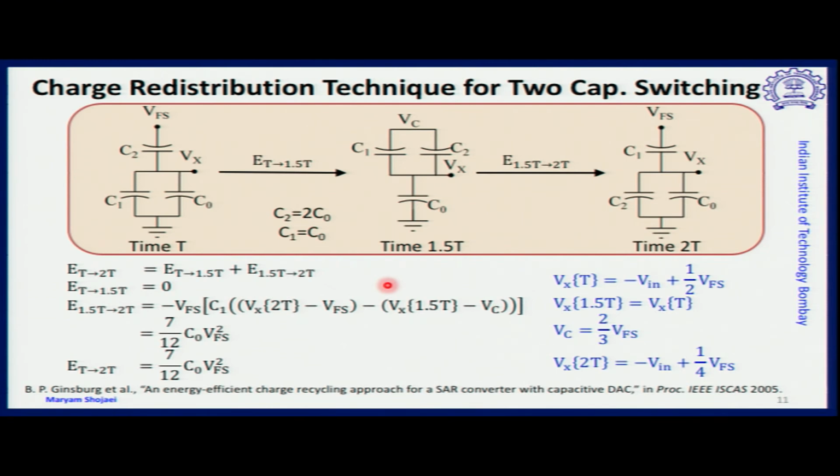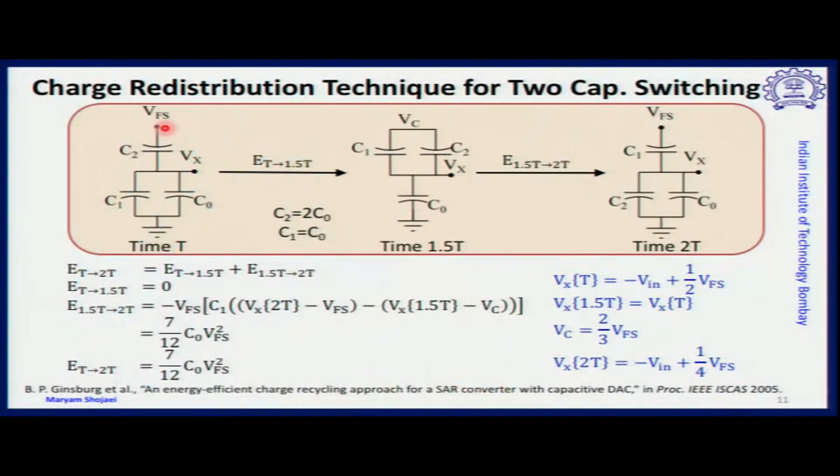We disconnect V full scale from the capacitors at time equal to 1.5T, because anyway, at 1.5T, no comparison will be performed by the comparator. So, therefore, we are not so concerned about the value of Vx.